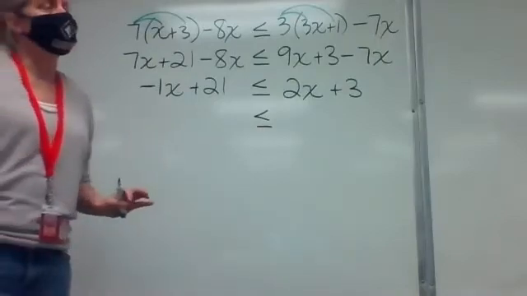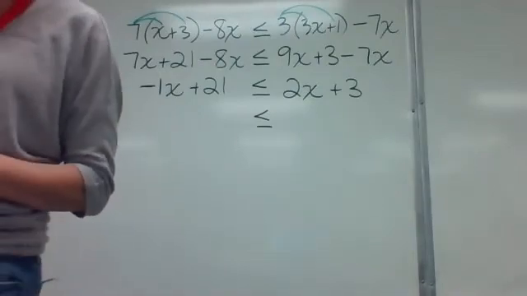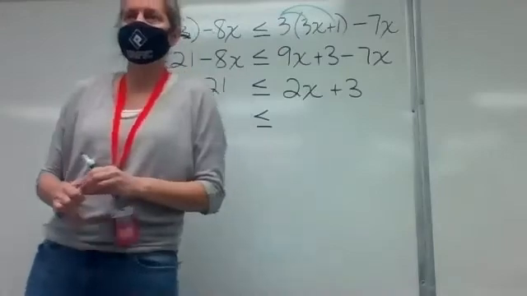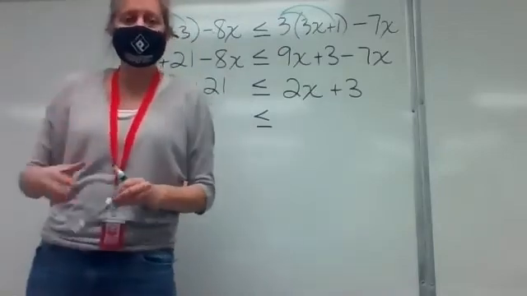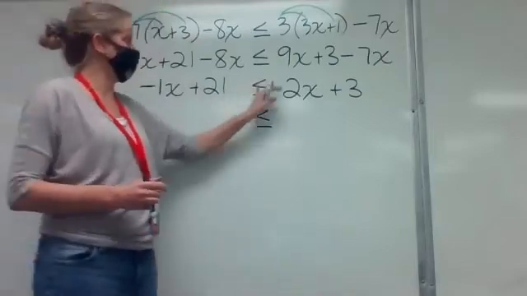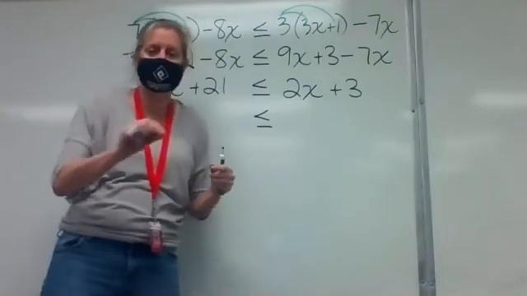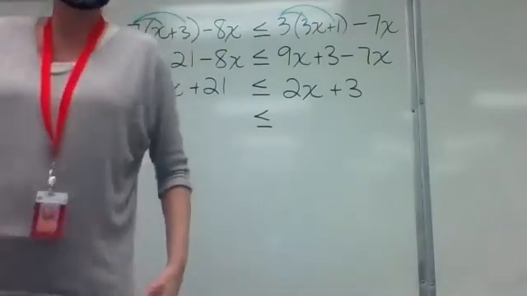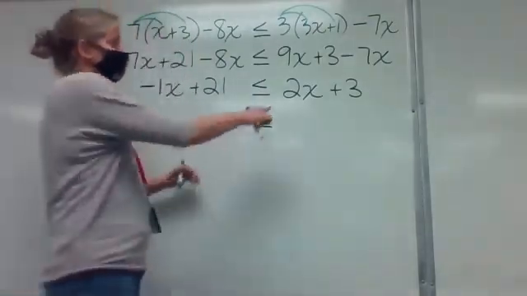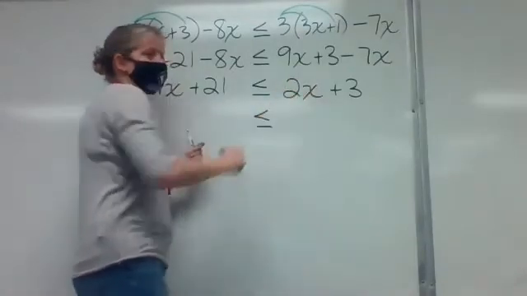Now, I know a lot of times when we're doing equations that have equal signs and not less than or greater than signs, we always cancel out the small x. What I like to do is if it's an inequality, which means not an equal sign, but it has the less than or greater than with it, no matter what, just cancel. If there's x's on both sides, I'm going to cancel out the one on the right.